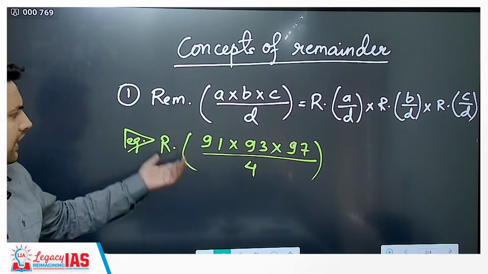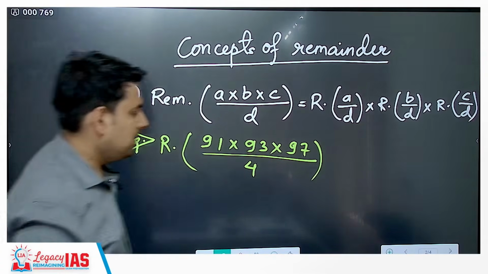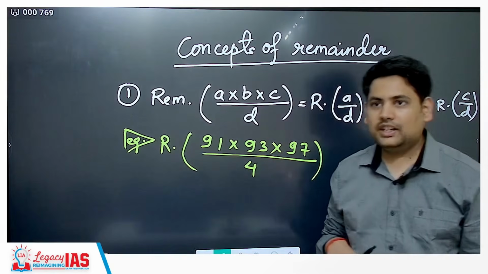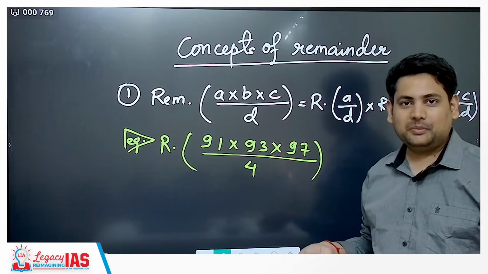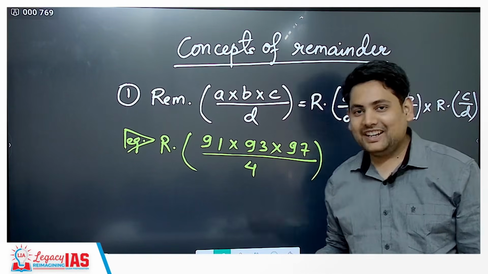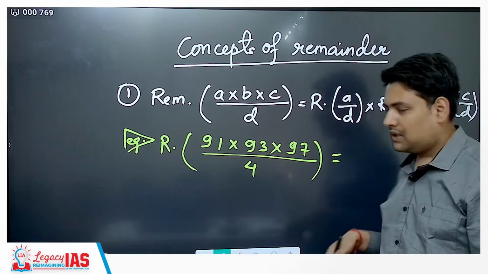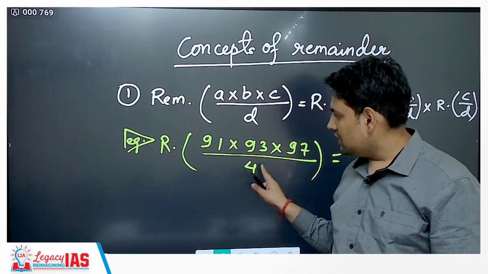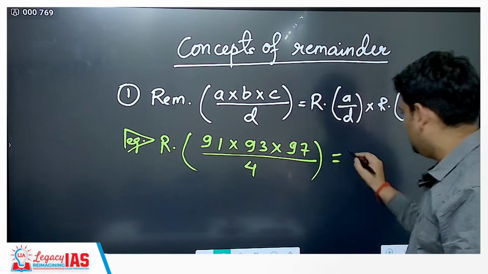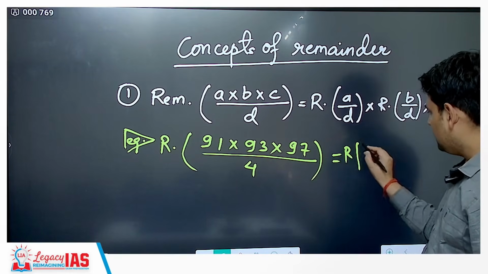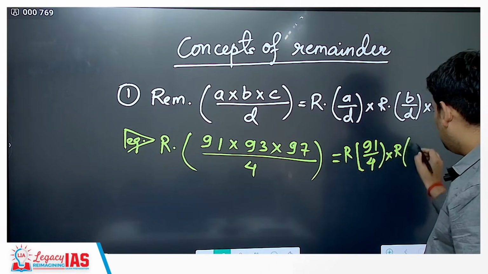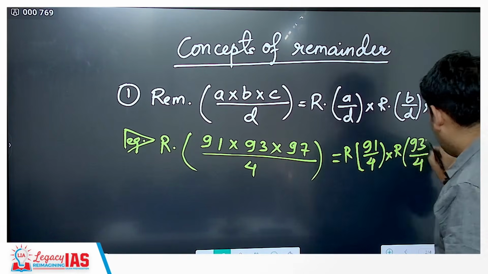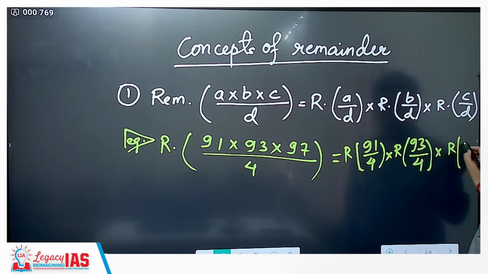One way is to just multiply them all and then find the remainder, but it will be very lengthy, so we won't be doing this. What we can do is distribute it like this. This can also be written as the remainder when 91 is divided by 4, into the remainder when 93 is divided by 4, into the remainder when 97 is divided by 4.